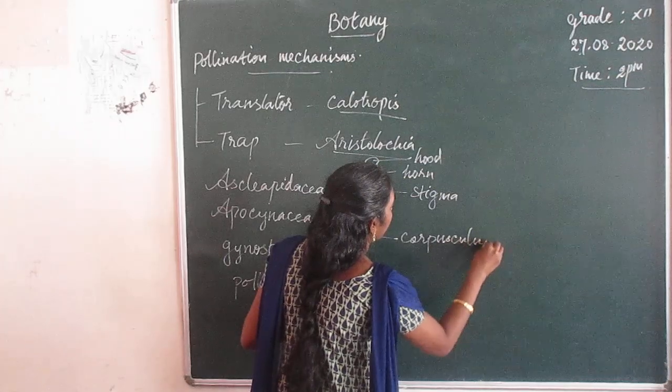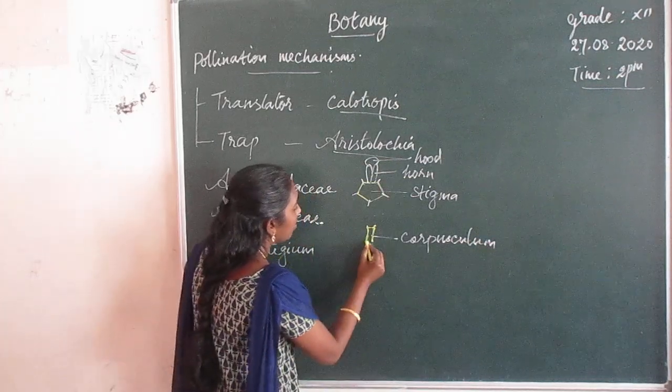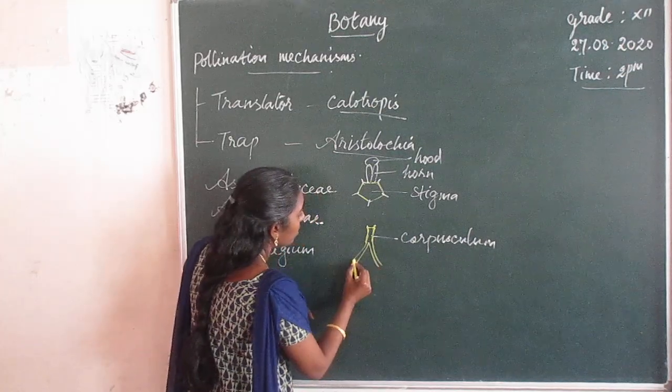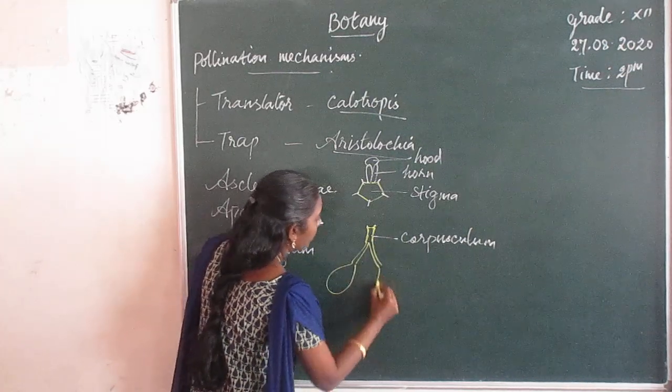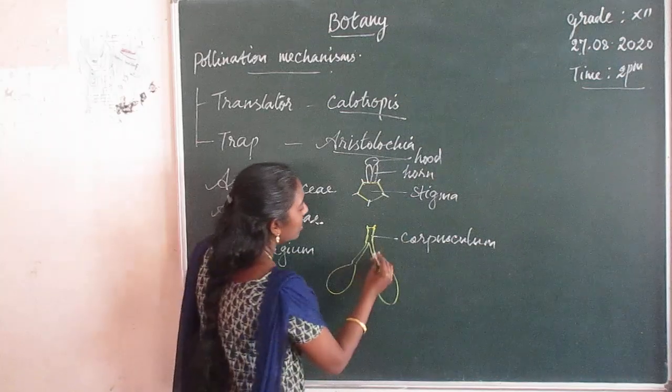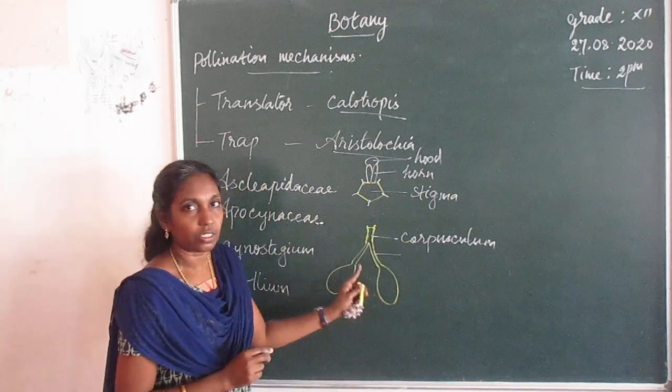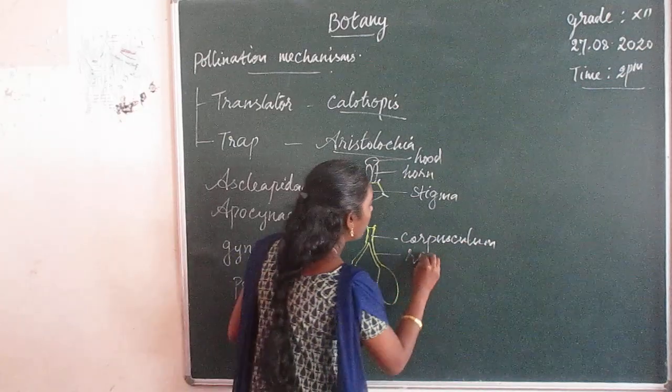Beneath this, there is a thread-like, thin filamentous structure which forms the pollinia. This thin thread-like structure is called retinaculum.